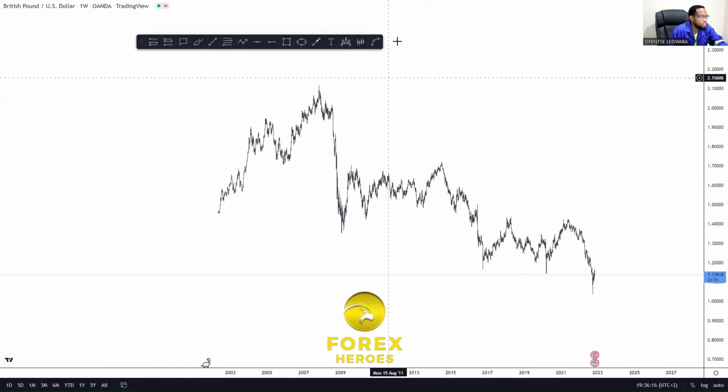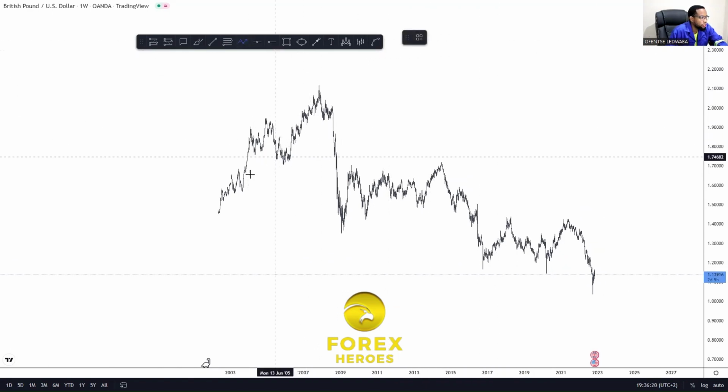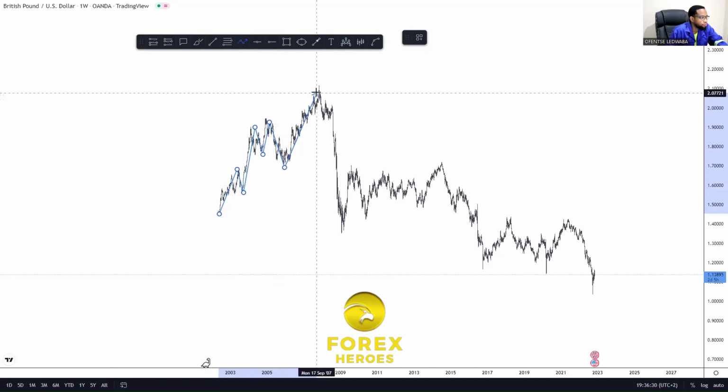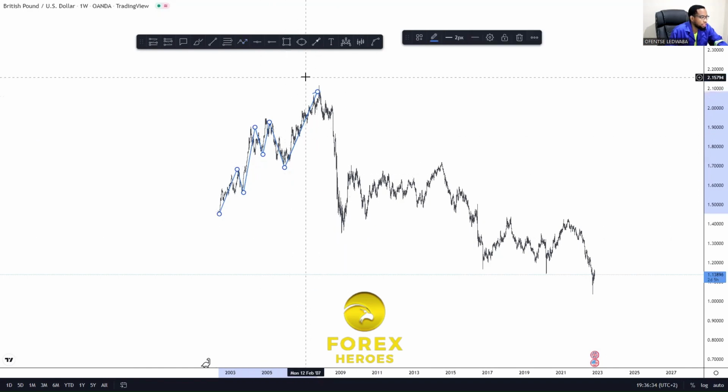You can see just by looking on higher time frame, we had an uptrend here. This was an uptrend. You can see this was an uptrend going all the way up.